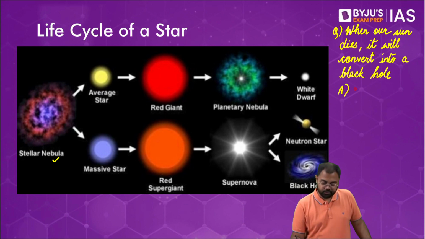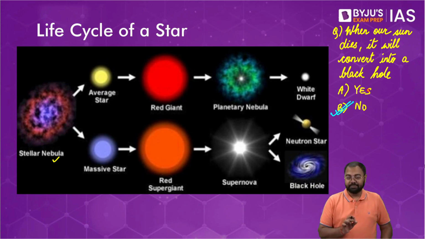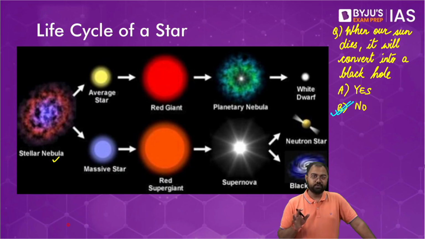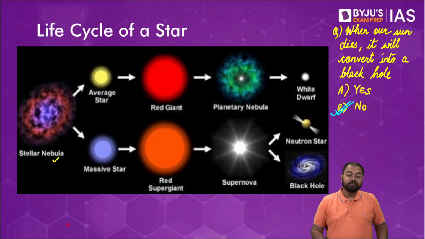I'm launching the poll also for you. A for yes. So what we know is that black holes are formed when a star collapses or when a star dies. But does it mean that when every star dies, a black hole will be formed?